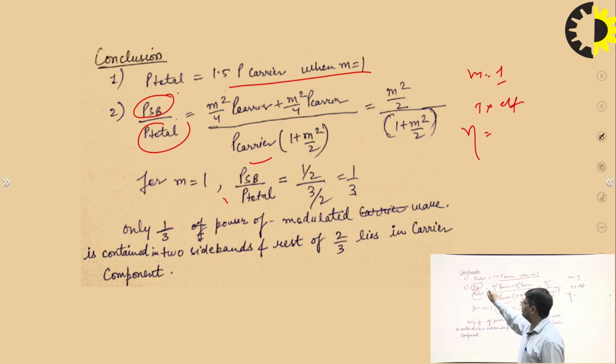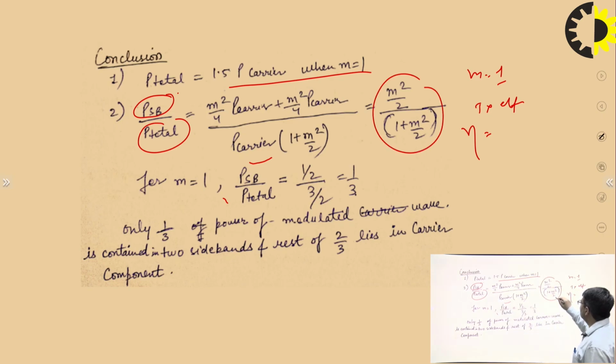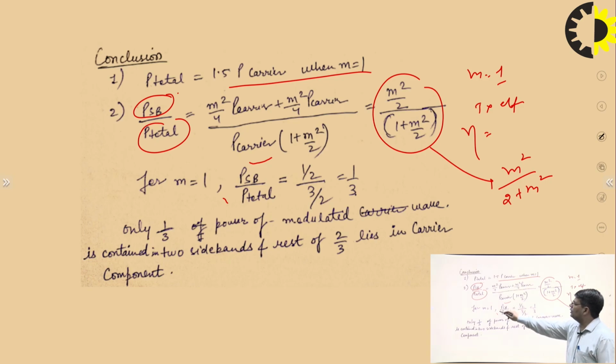The transmission efficiency is M square divided by 2 plus M square. If you put M equal to 1, that is, modulation index equal to 1 or 100% modulation, we have 1 by 3.